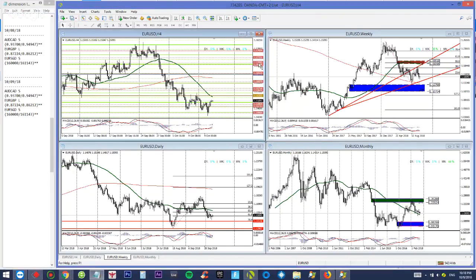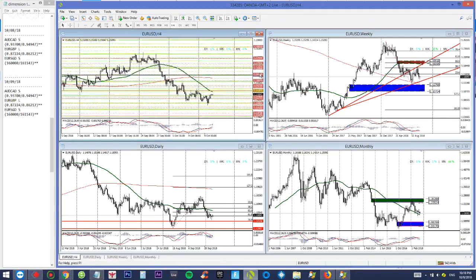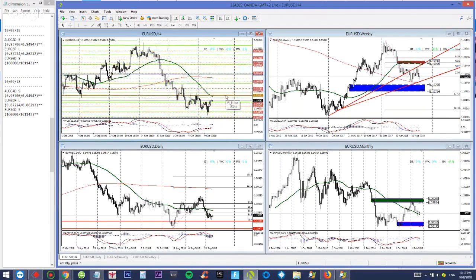So let me double check where we are. We passed the weekly pivot. We passed the round number. We passed so many supports.